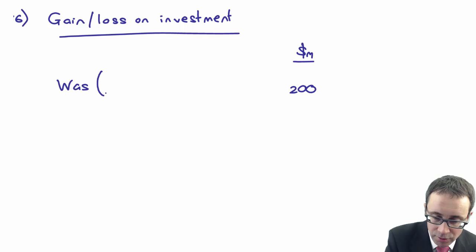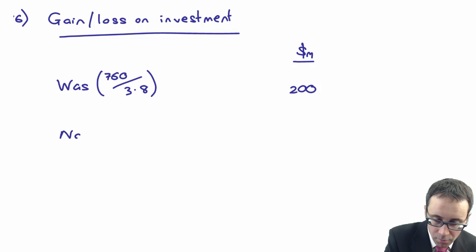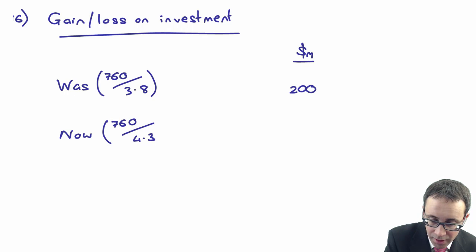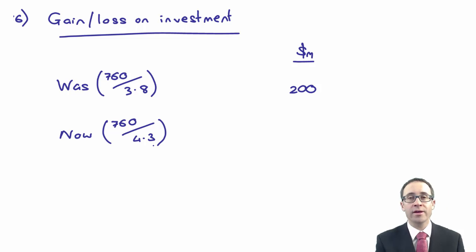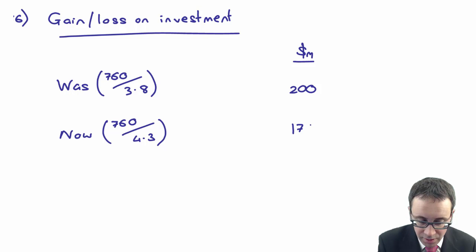That was based on 760 divided by 3.8. Now, when we want to eliminate it, we eliminate it at 760 divided by 4.3.